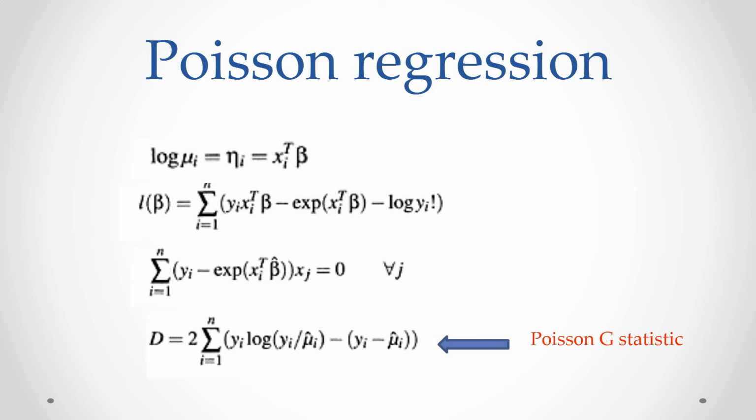Poisson regression will assume that the counts for each of the islands, say yi for the ith island, follows a Poisson distribution with mean mu i. We shall assume the canonical link, which you know for the Poisson regression is the log link, and thus log mu i is equal to the linear predictor eta i equal to xi prime beta.